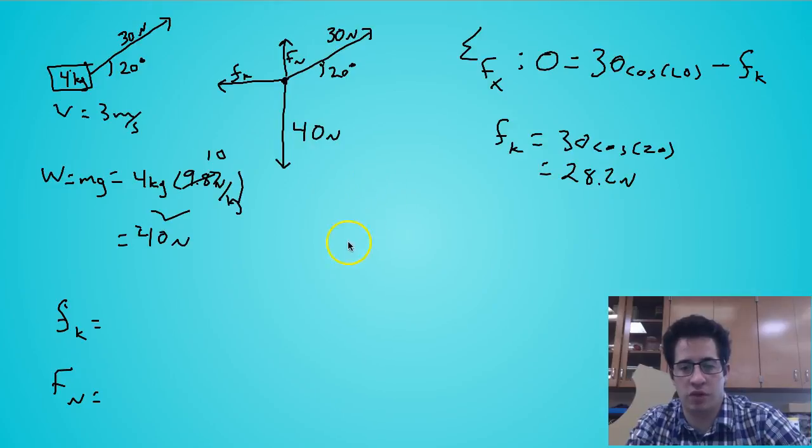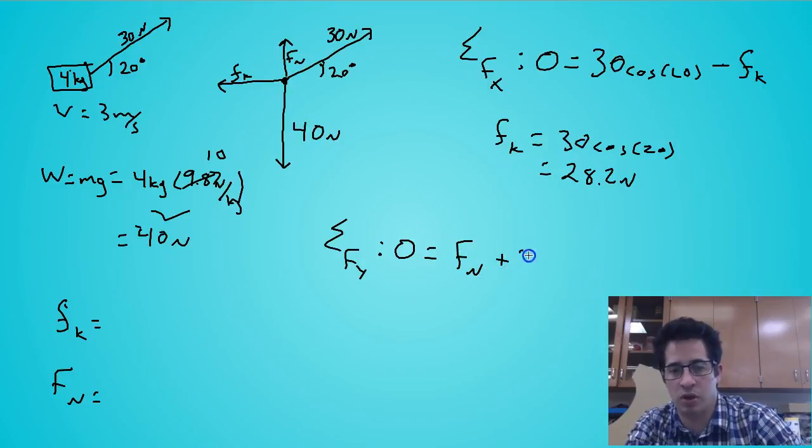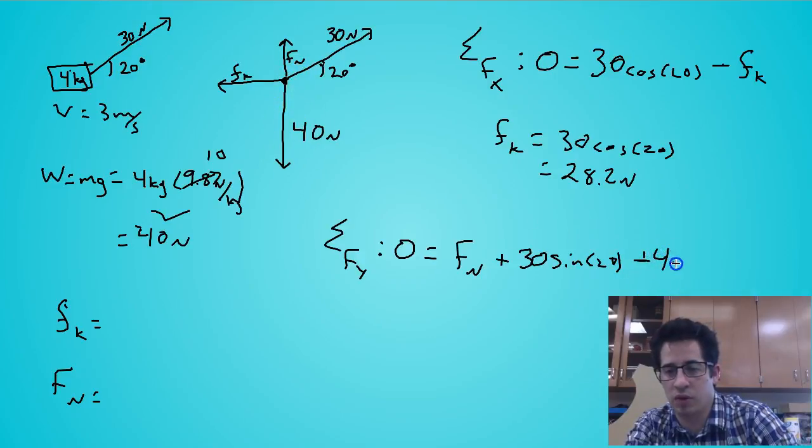And then we're also going to solve for the normal force, so for this we'll do the sum of the forces in the y direction. We know those have to be equal to 0 as well because it's balanced up and down, it's not moving up and down at all. Okay, and so we're going to say we have this upward normal force and we have this upward component of the pull, so this would be 30 times sine of 20, and then we have this downward force of 40 newtons.